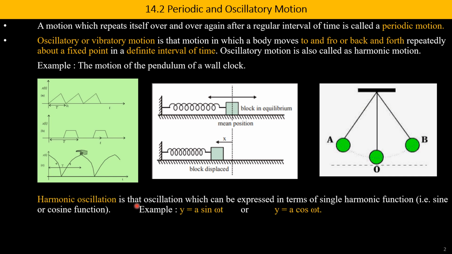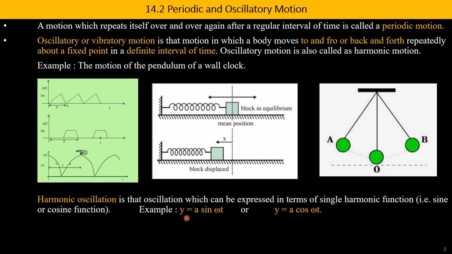Harmonic oscillation is that oscillation which can be expressed in terms of a single harmonic function. That is, the motion of a body can be expressed in terms of a single harmonic function given by the relation y = a sin omega t.